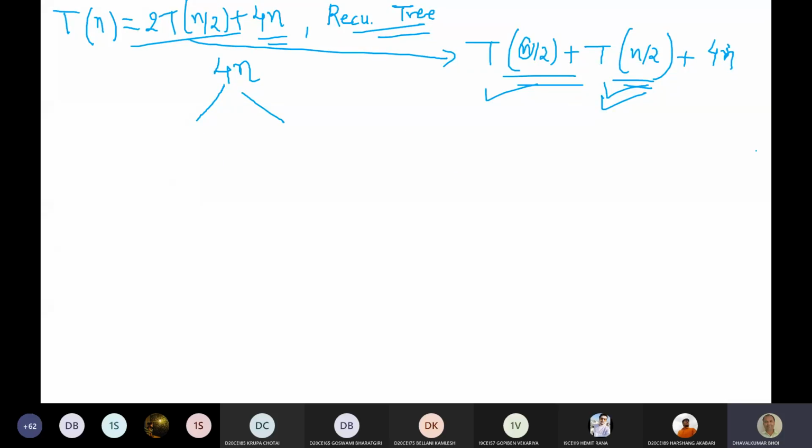This 4n is my T of n. Now I am writing the left child and right child, which means I am going to replace this value of n with n divided by 2.